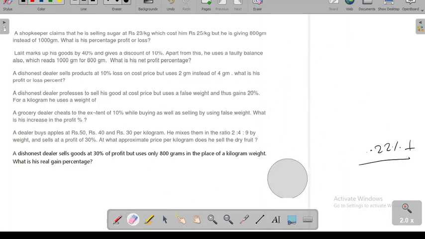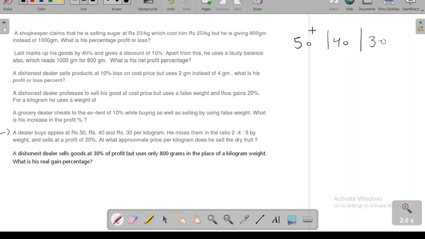So let's see our next question. A dealer buys apples at 50, 40, 30 per kilogram. Okay, he mixes them in ratio 2, 4 and 9. Fine.